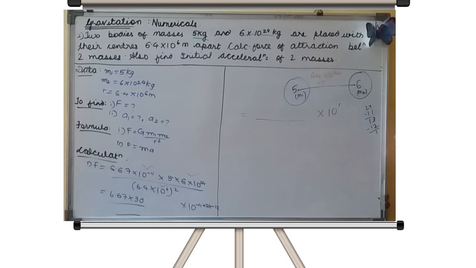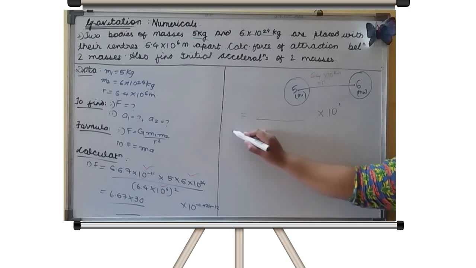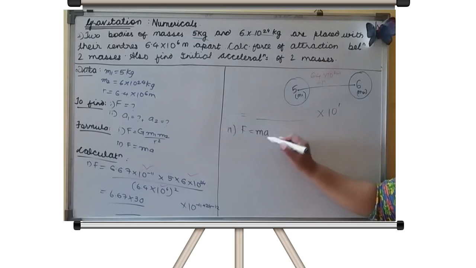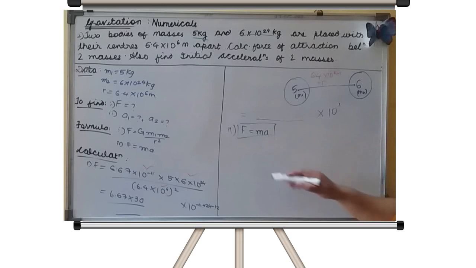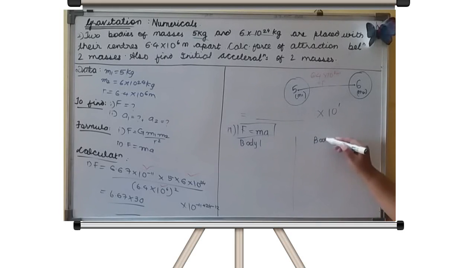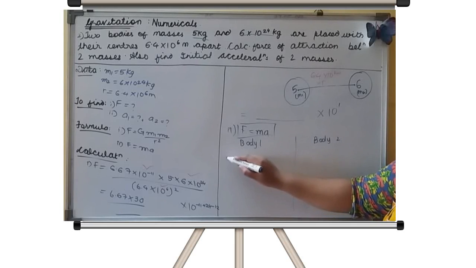Raised to 1. Then secondly, you will take this formula, F equals ma. Since you have two bodies and two masses here, you have got the value of force. So for body 1 and for body 2, the force will be the same.